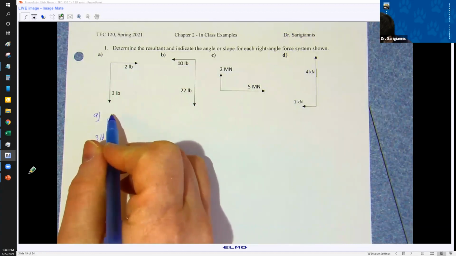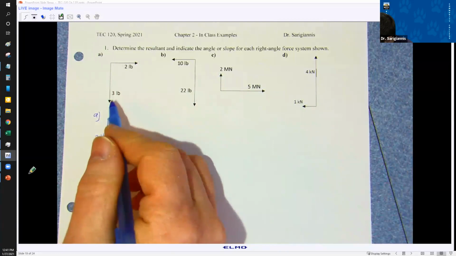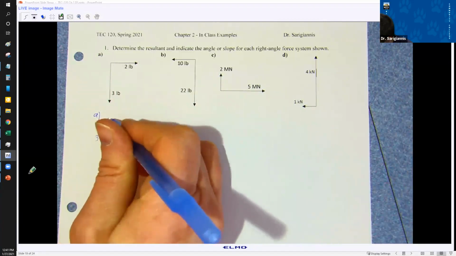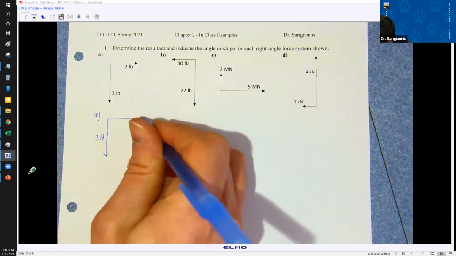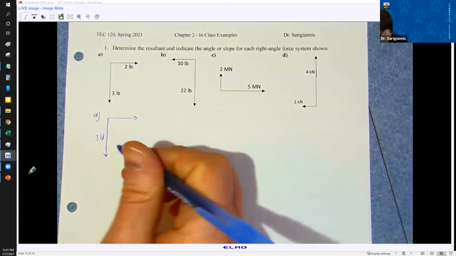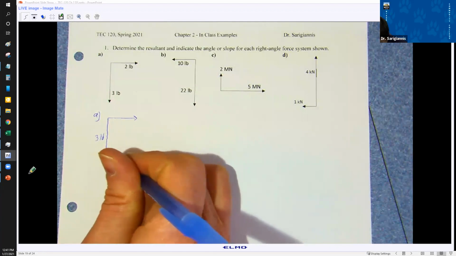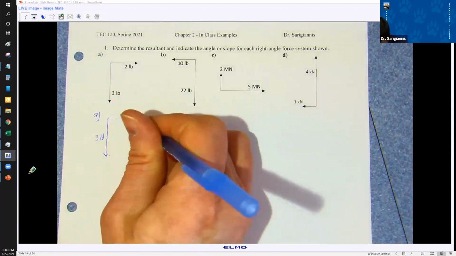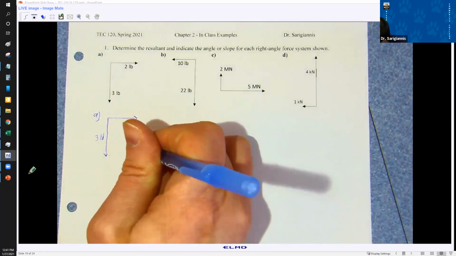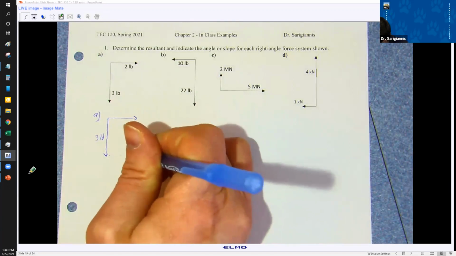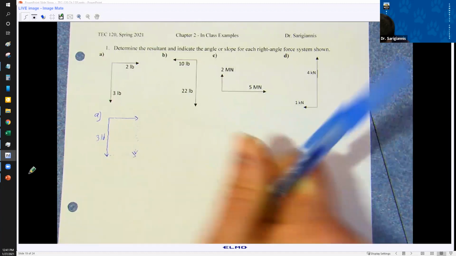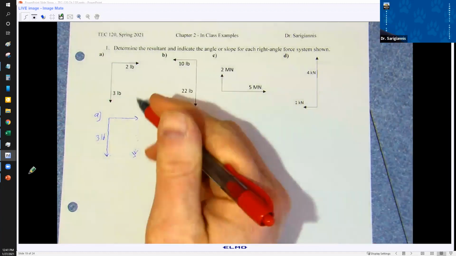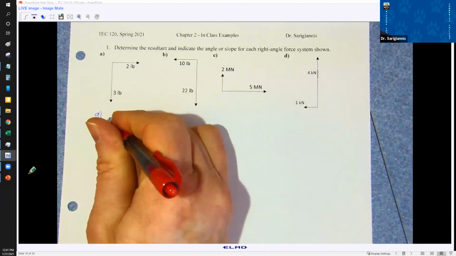I can take this vector for the sake of addition and move it around. The parallelogram rule tells us that you can take this vector setup and draw it as a parallelogram. In this case, it's just going to be a square like this, and the resultant looks like this.